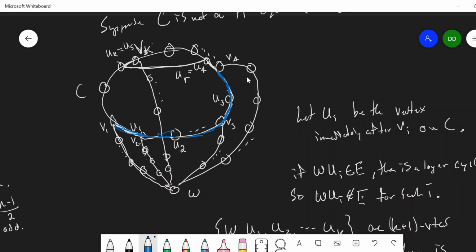Here's where I want to be very careful. So I want to get a longer cycle. Okay, so I get to v sub 4, and now I'm going to take this path from v sub 4 down to w.